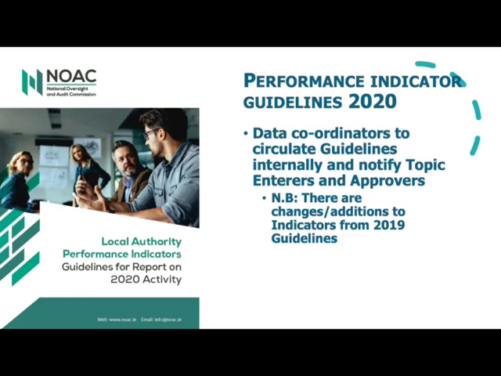It is also important to note that there have been changes to existing indicators and in some cases additions to indicators when compared to the 2019 guidelines. So it's very important that the 2020 guidelines are read clearly and are understood correctly for the purposes of entering data and approving data across each local authority.